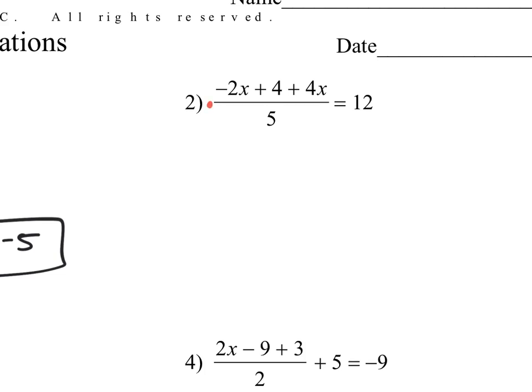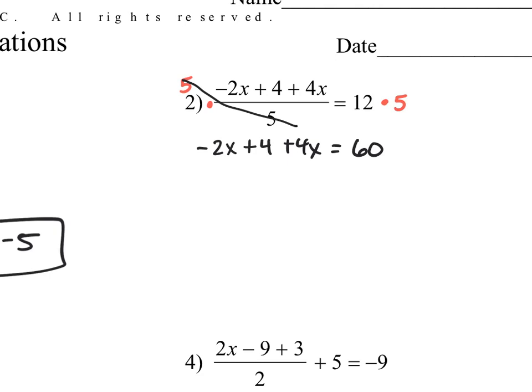So here you have dividing by 5. To undo dividing by 5, you have to multiply. And if you do it to one side, you have to do it to the other side. When you multiply by the number you're dividing, those things just cancel. So it leaves you with negative 2x plus 4 plus 4x is equal to, on the right-hand side, 12 times 5 is 60.